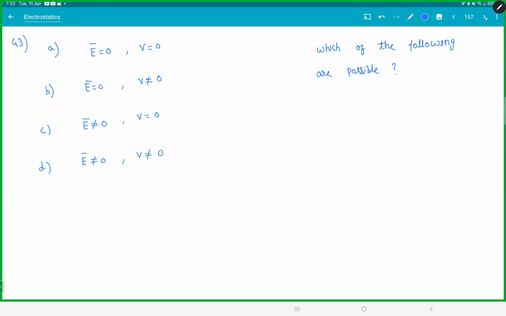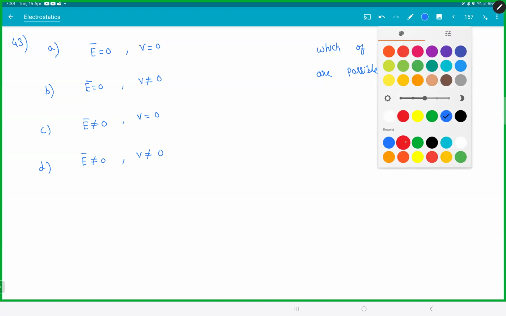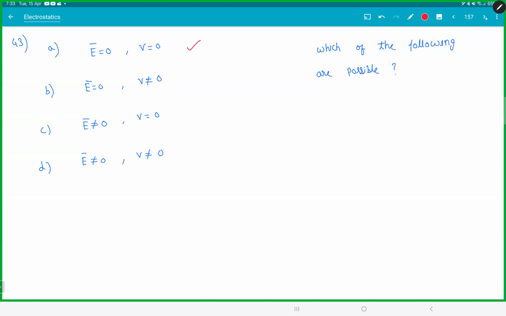All are possible. See, E0, V0. That is easy, right? Put nothing. E0, V not 0. Take a hollow shell. Inside the hollow shell, what is the field? 0. But what is the potential? kQ/R.